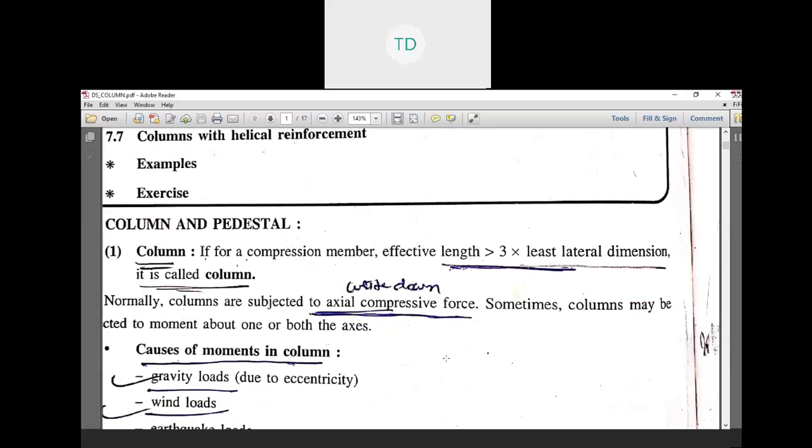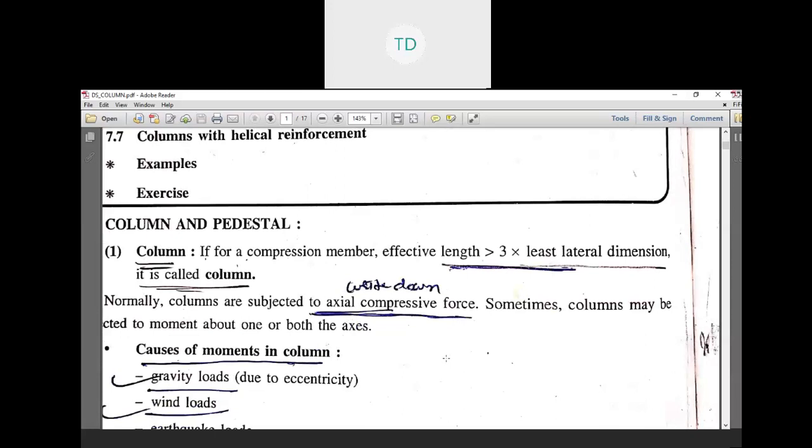First, column. For a compression member, if the effective length is greater than 3 times the least lateral dimension, it is called a column. Normally, columns are subjected to axial compressive force.